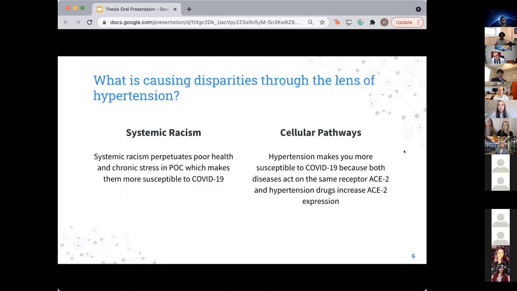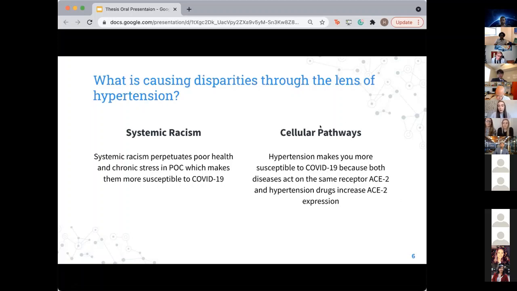Looking at COVID-19 disparities through this hypertension lens, there were two main pathways that emerged. First, I looked at how Black people experience systemic racism, which perpetuates poor health through a plethora of pathways, including chronic stress, and that's leading to more COVID-19 cases.